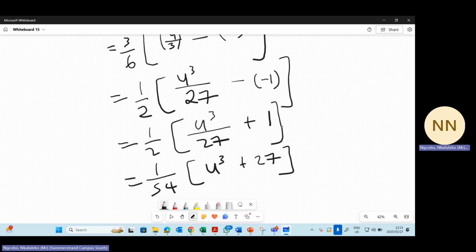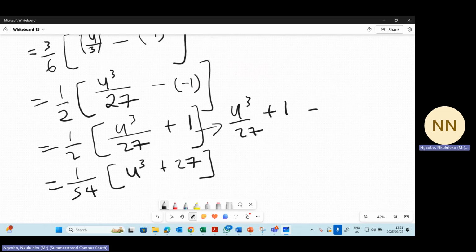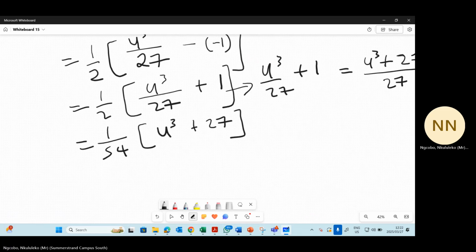Because what I've done here is say u cubed over 27 plus 1 is the same as saying u cubed plus 27 over 27, right? Okay, right. So this is our final form of what?